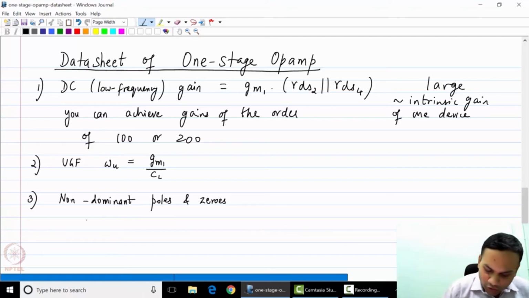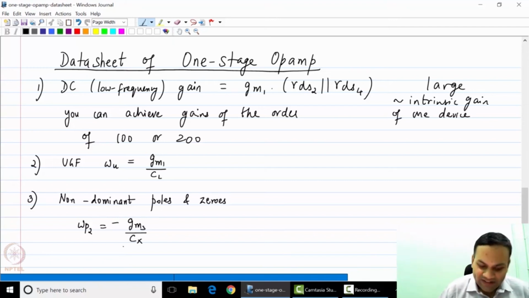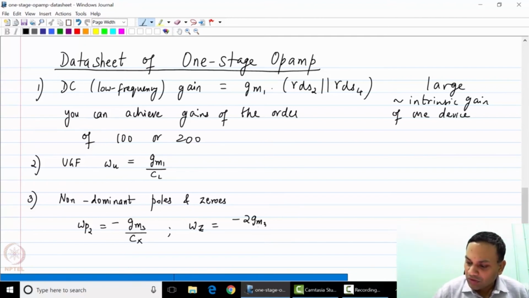So you have omega p2, which is minus gm3 over Cx, and you have a zero which is minus 2 gm3 over Cx. You happen to have one non-dominant pole and one non-dominant zero.